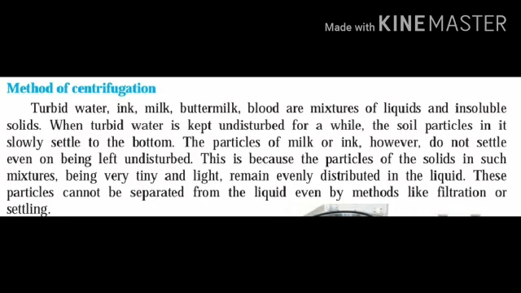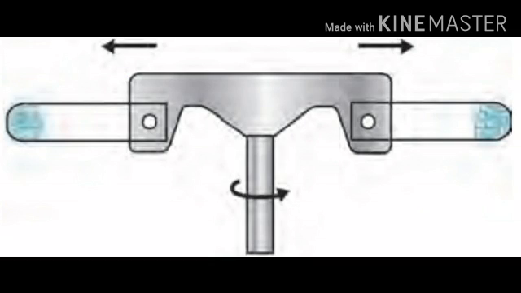This is because the particles of the solids in such mixtures, being very tiny and light, remain evenly distributed in the liquid. These particles cannot be separated from the liquid even by methods like filtration or settling. How will you separate such solid particles from the liquid?